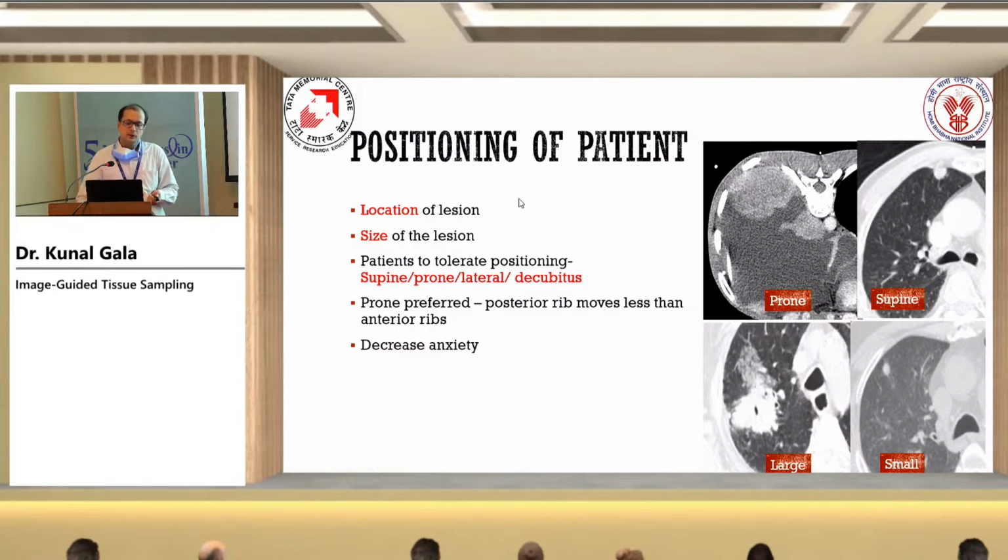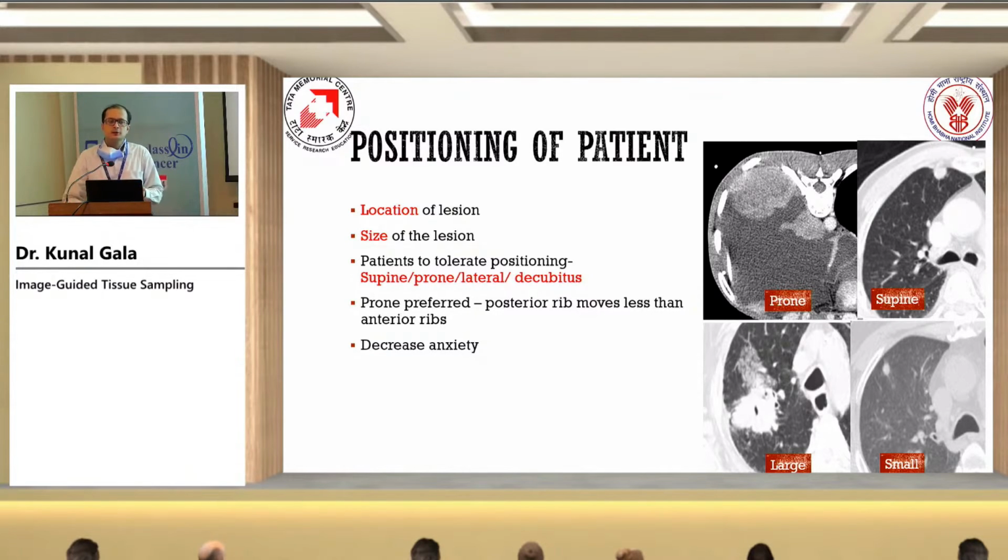In an image guided procedure, the patient positioning is also equally important. Location of the lesion: if the lesion is located posteriorly, as in this case, it is easy to target via a prone approach. If the lesion is located in the anterior aspect, then the supine approach needs to be done. The size of the lesion is also important. Why is it important?